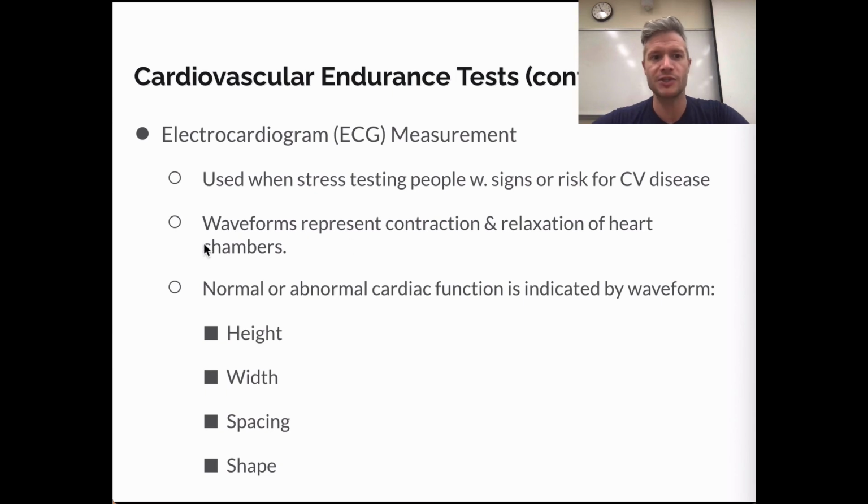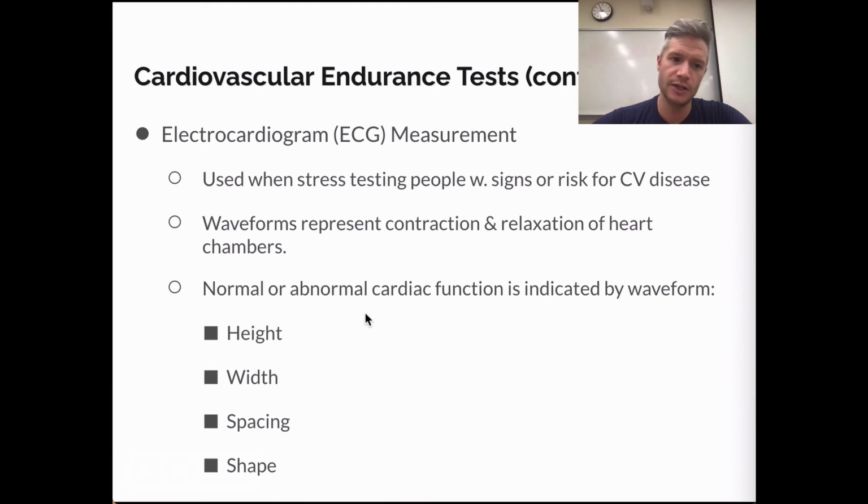Again, the waveforms on the ECGs, as we saw in the cardiovascular unit, represent the contraction and relaxation of heart chambers through the electrical nerve conduction system. We get a good indication of when that's happening. And when we look for normal or abnormal cardiac functioning, we look at the waveform for the height, the width, and the spacing of each of those, which indicates the timing of everything and the shape of the waves as well.